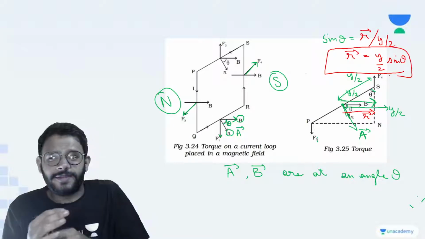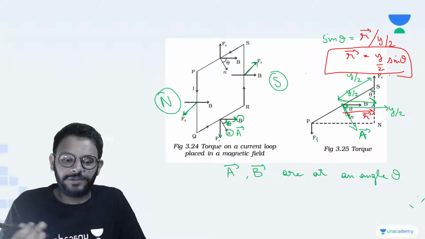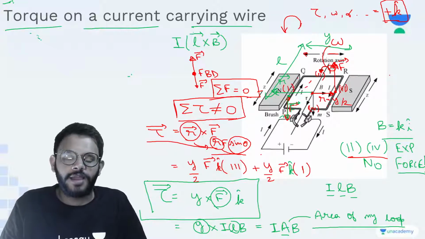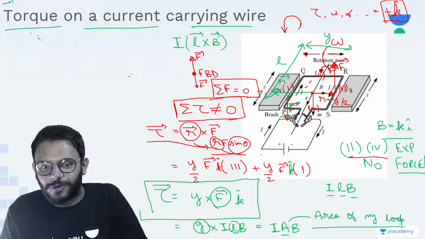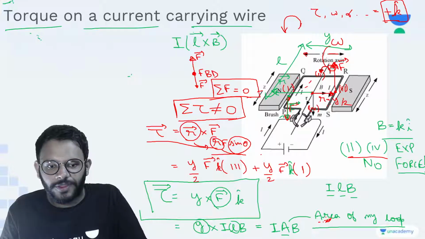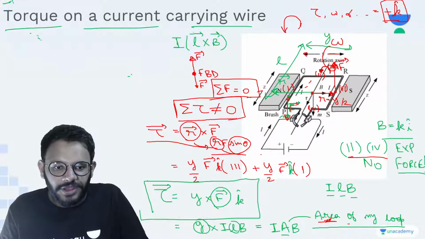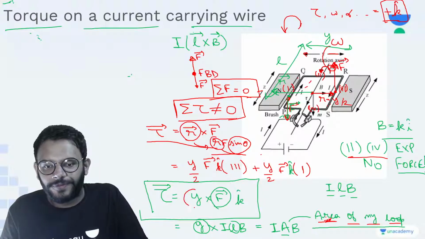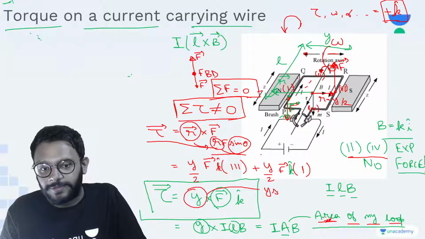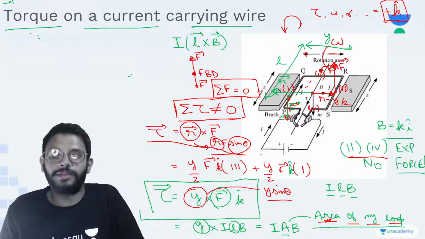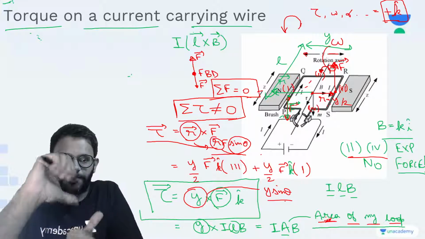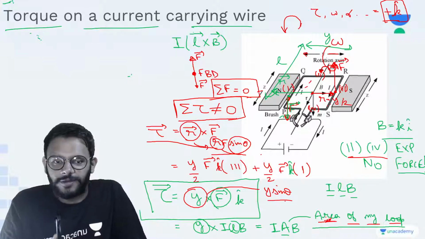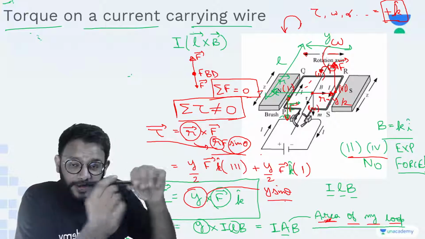And now I know that the torque is going to be, instead of IAB, this Y section is going to get changed by a factor of y sine theta, where theta is the angle between the area vector given by my right hand thumb rule and the magnetic field.